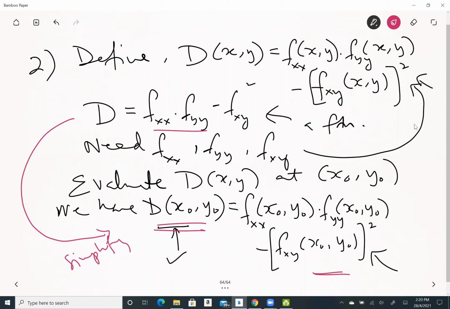But normally we do it directly after we simplify the D. Okay, all right. So you got the value of D evaluated at x0, y0. So that would be what the value would be.